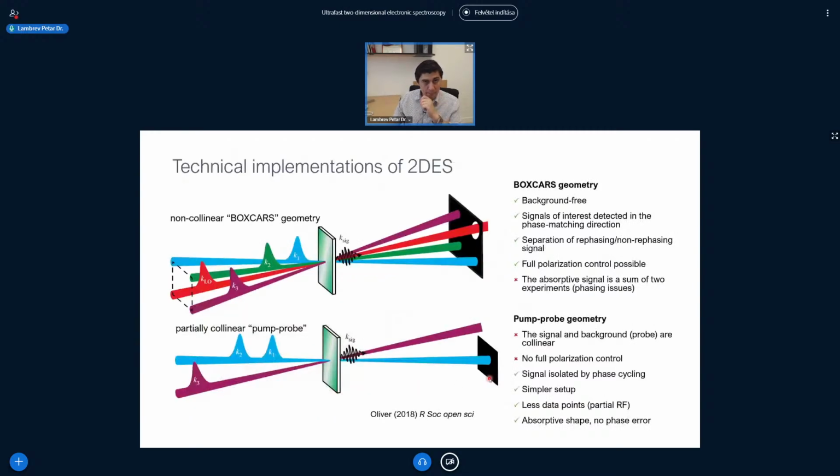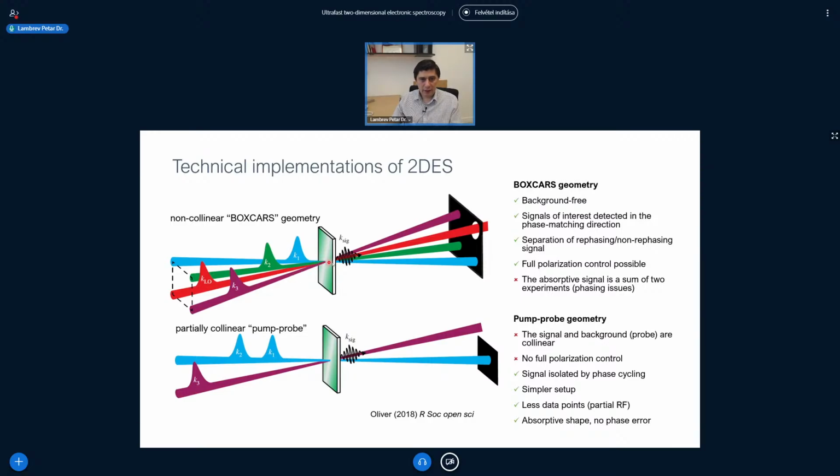Now, there are two main approaches which are used nowadays. The most common is the so-called non-collinear or boxcar geometry. This is where we have the two pump pulses and the probe pulse, and also a fourth called local oscillator pulse, all focused on the sample at different incident angles.